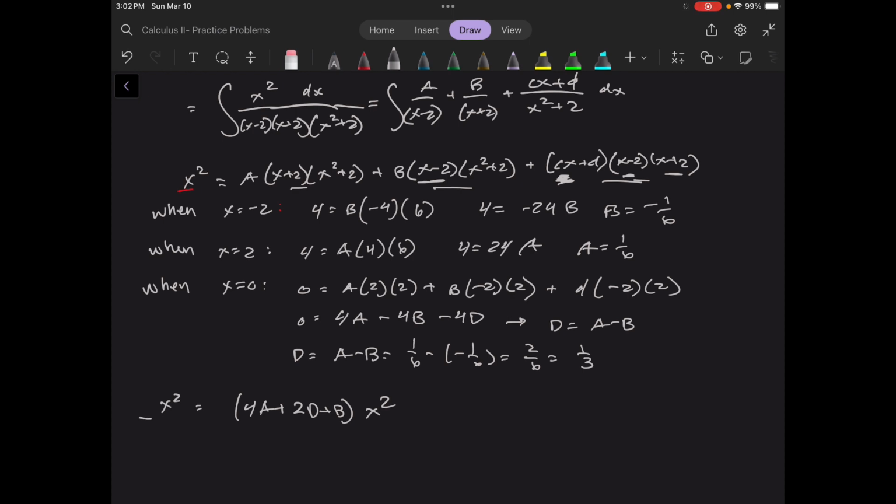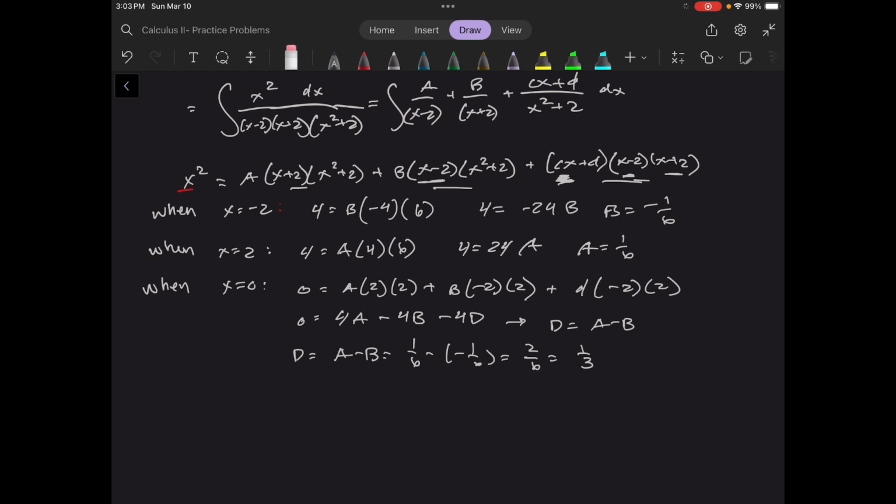And you can see the coefficient over here is 1, so that means all of this added together must equal 1. So we can do that to find out what c is going to be.